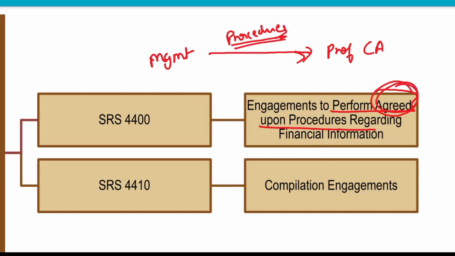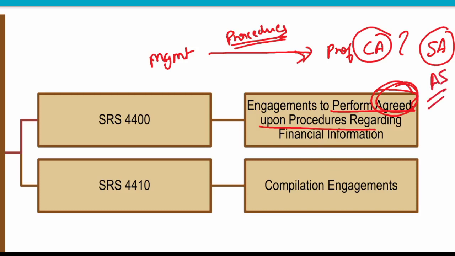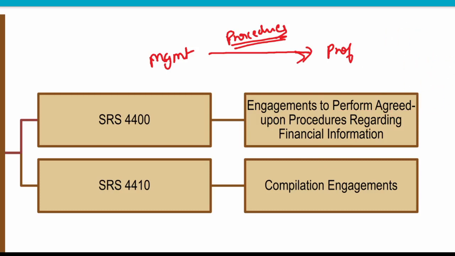Suppose how will the CA proceed, because the CA till now knows only the standards of auditing, how to do auditing, or accounting standards, how to do accounting. But he doesn't know that if I have to do only this procedure, which standard to follow or what things to keep in mind before accepting such kind of offer. So for this difficulty, this particular SRS has come.